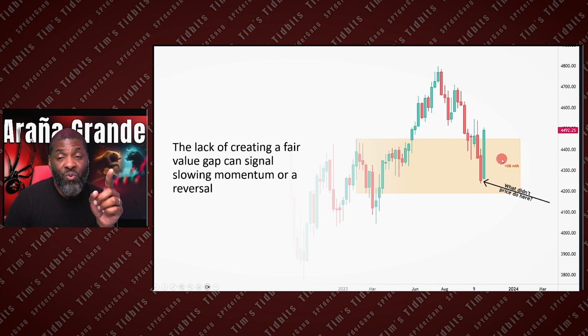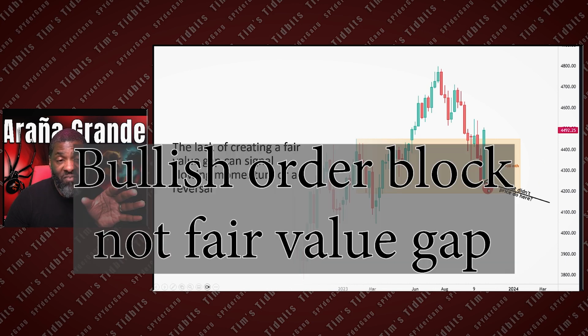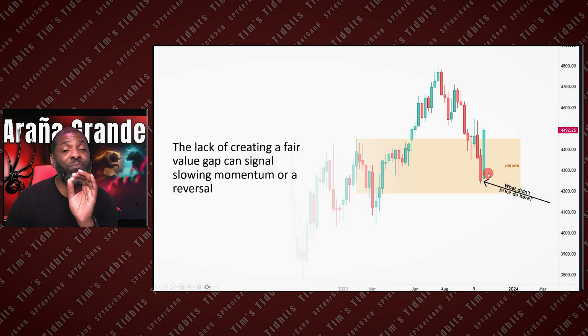As we come into our monthly fair value gap, we are anticipating a reversal, our anticipatory reactionary point. The lack of creating another SIBI or a bearish fair value gap, that is lending to our anticipation of a reversal. So price did not create a new SIBI.